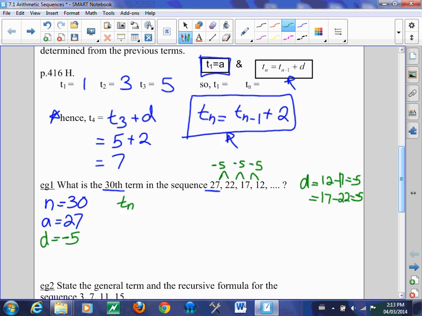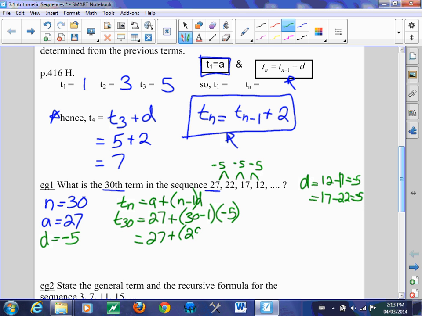So we're going to start with t at n equals a plus n minus 1 times d. Sub in our information. So t at 30 equals a, which is 27, plus 30 minus 1 times negative 5. So we have 27 plus 29 times negative 5.